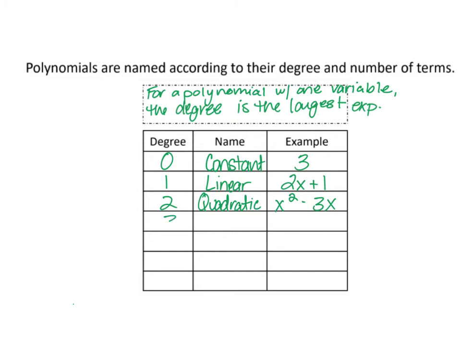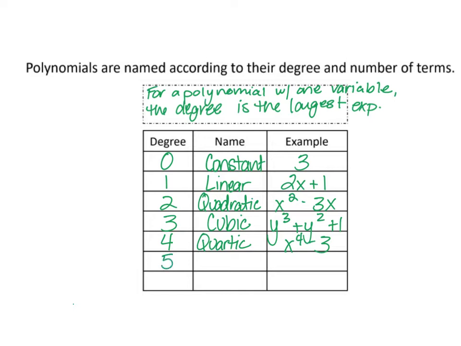A degree of 3 would be what we call cubic. So this would be like y cubed plus y squared plus 1. A fourth degree would be what we call quartic. Very rarely used, but this would be like x to the 4th minus 3.